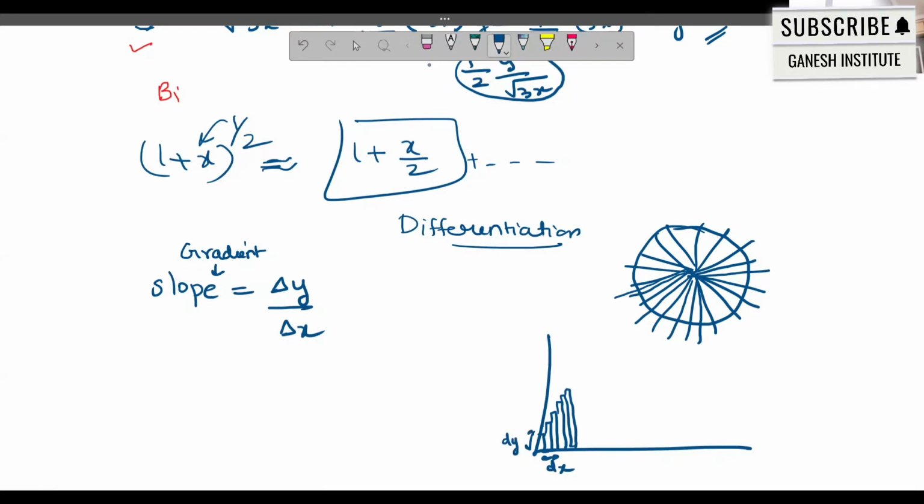Do you remember what we do? If we want to calculate the area of one strip, length into breadth, we can have it n number of times.